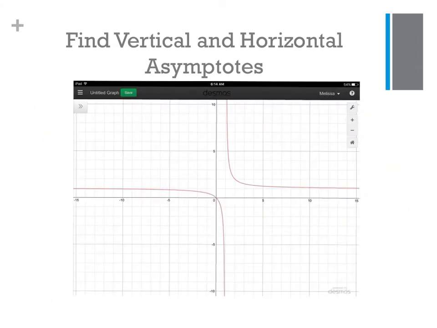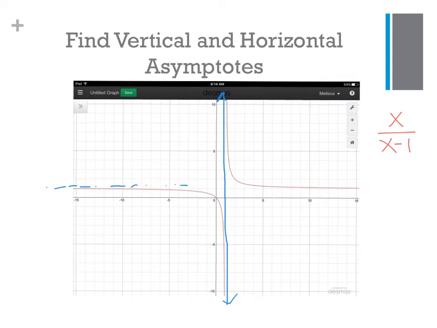Looking at the graph of the function, a reminder that we had the function x over x minus 1. If you look at the graph here, I'm just going to confirm, we do have a vertical asymptote at x equals 1, and we have a horizontal asymptote at y equals 1.